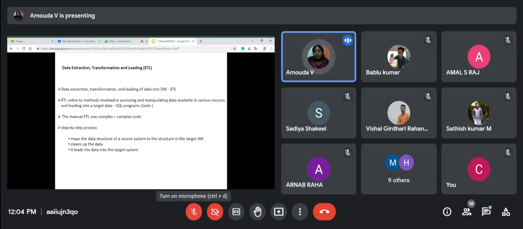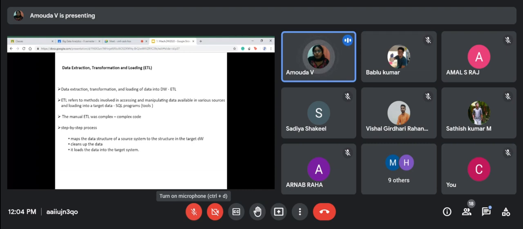So what data we require, that only we have to extract and then manipulate for data values. The manual ETL was complex, so we have gone to complex coding or a tool which extracts the data. Apart from this tool also, sometimes manually we are checking that extraction.